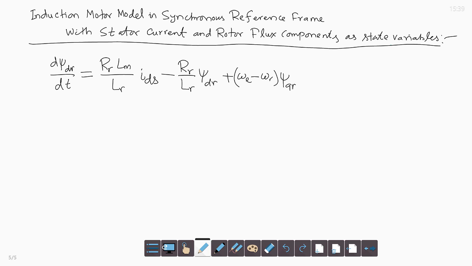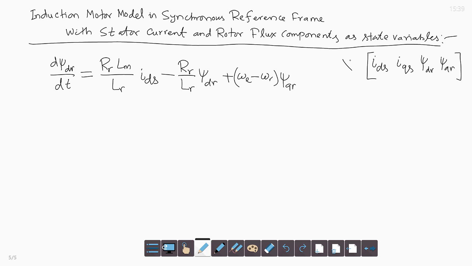We will have a model of the induction motor with stator current components, that means IDS, IQS, and rotor flux components, that means psi dr and psi qr, as the variables.